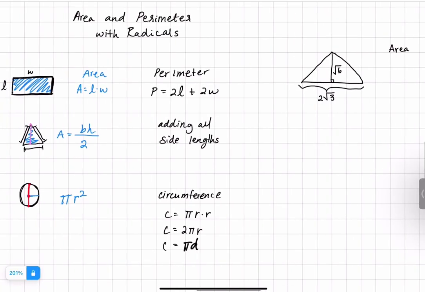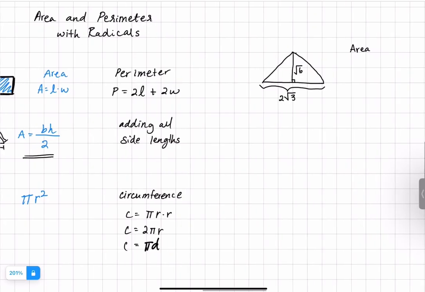So when we look at the triangle and we see the area formula, it's base times height over 2. So area of the triangle equals base times height over 2. Well, the base of this triangle is 2 root 3, times the height, which is root 6, and then divide by 2, right? So this is multiplication.